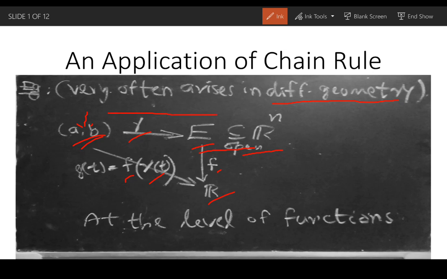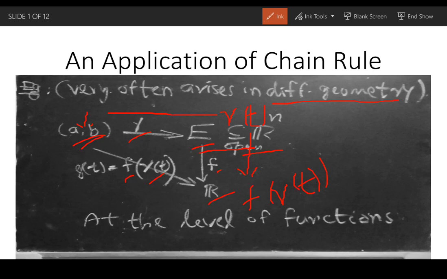Here you have gamma of t, and f takes gamma of t to f of gamma of t. So it's a real number.